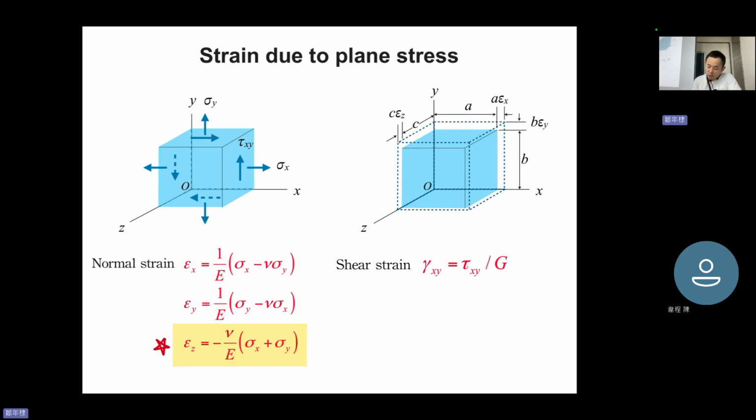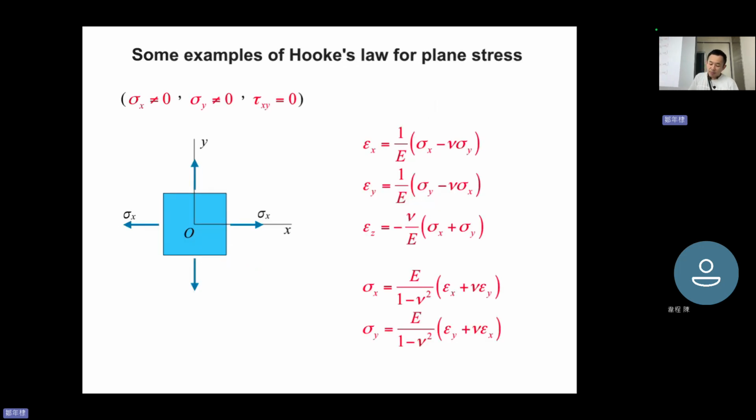After the loading, you will have A epsilon x for the elongation, B epsilon y, and C epsilon z, no matter whether negative or positive. The dashed line is the cube after the loading. Now we are going to see what this strain gives us, with some examples later.